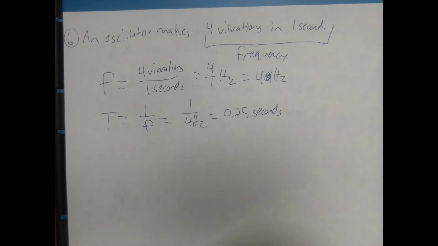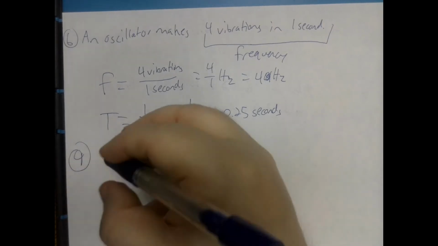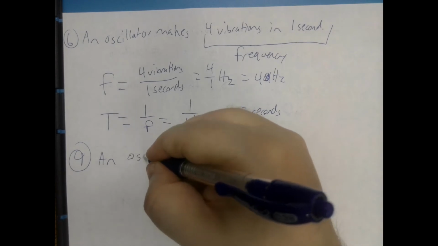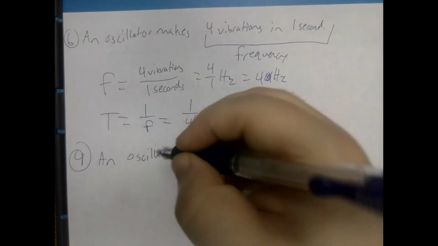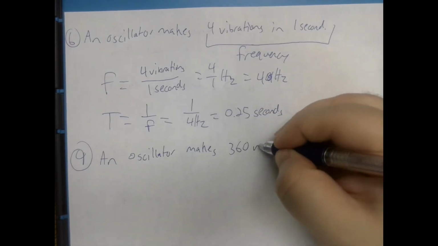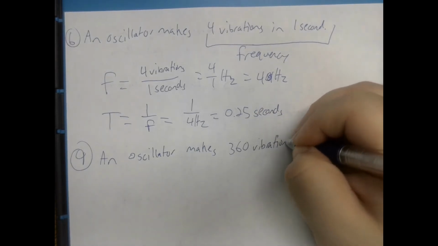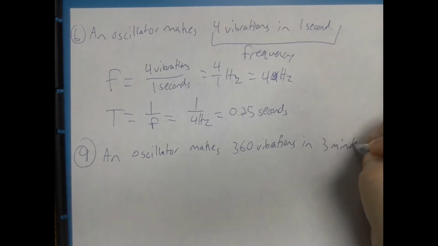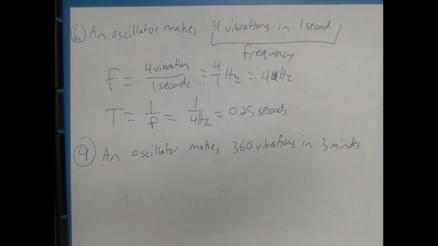Looking at number 9, suppose the question said an oscillator makes 360 vibrations in 3 minutes. How many vibrations does it take in 1 minute?